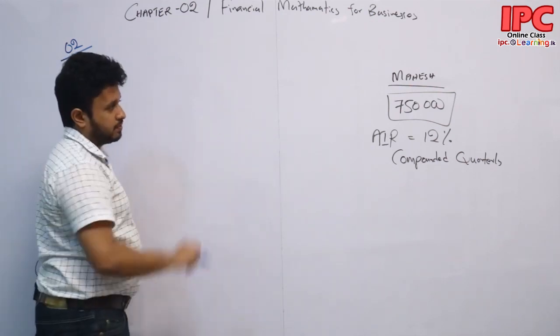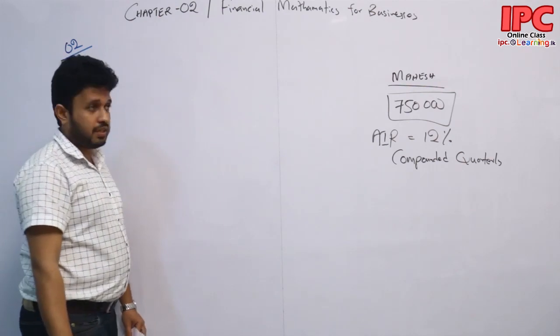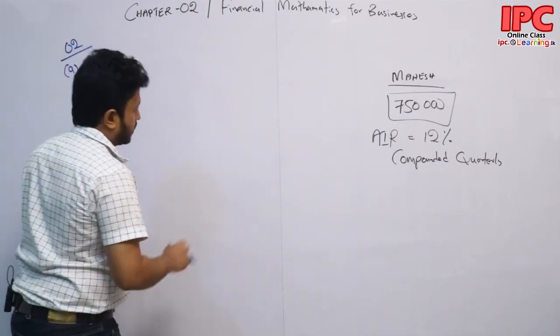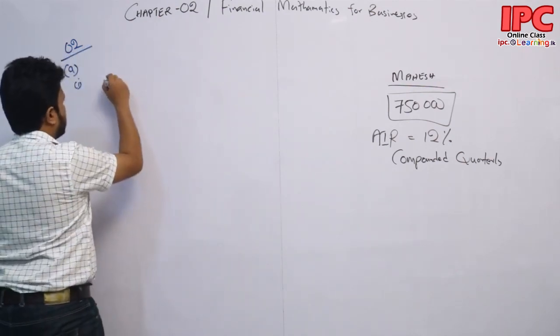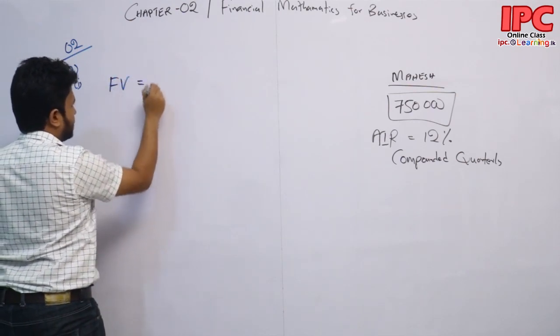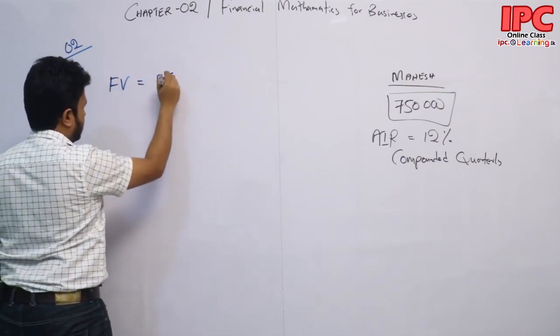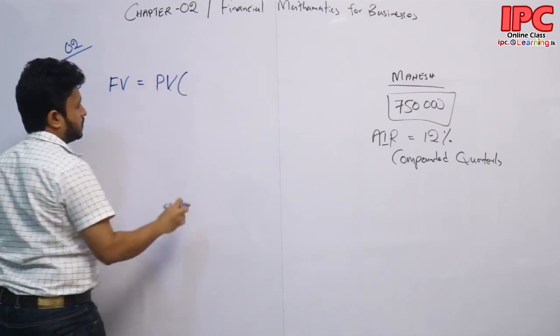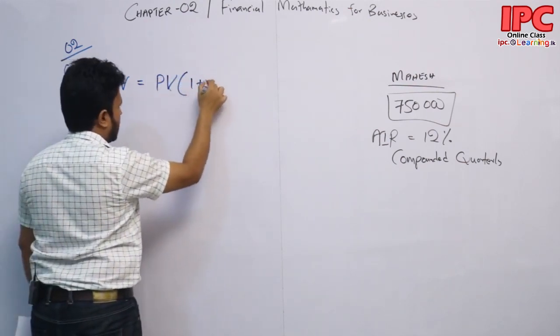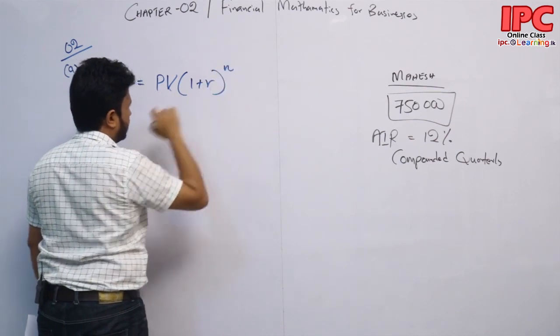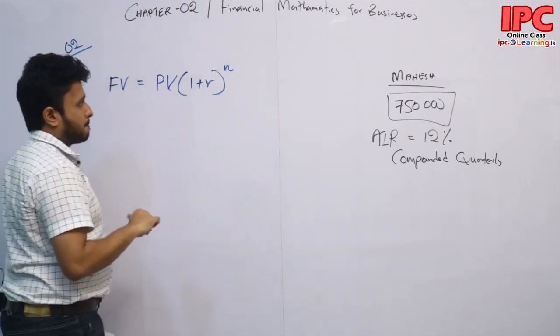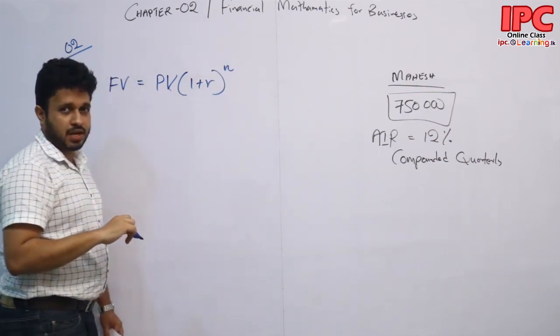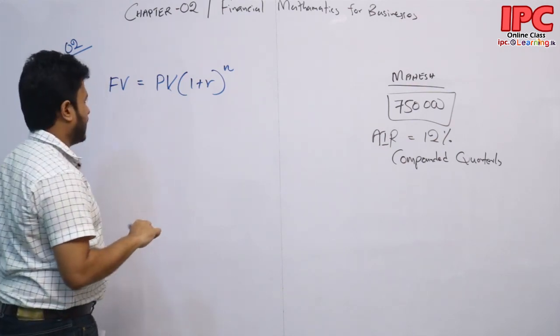Remember the future value equation. The future value is equal to the present value multiplied by 1 plus r to the power n.